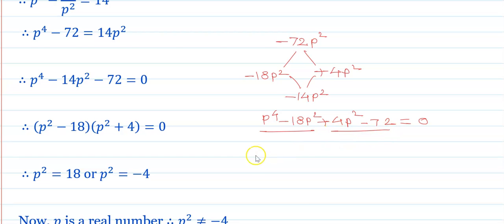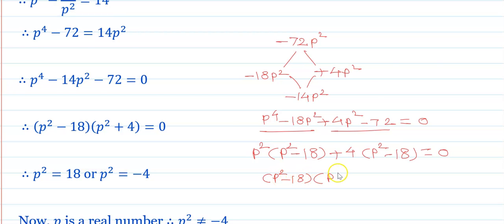Okay. या दोघातनं कॉमन घ्या ना. What is that? p square in bracket p square minus 18. Okay. Next 4 in bracket p square minus 18, and that's equals to 0. Therefore p square minus 18 in first bracket and p square plus 4, and that's equals to 0.